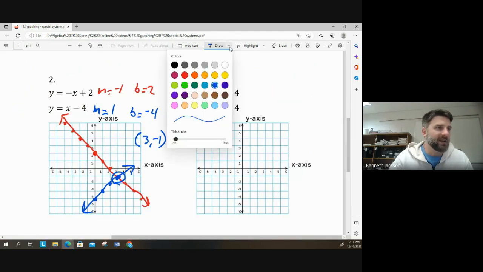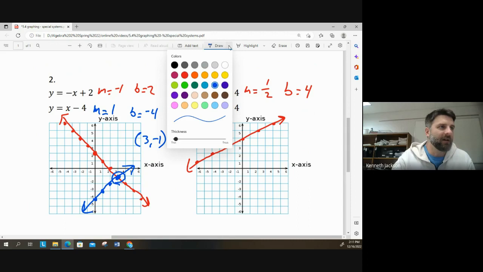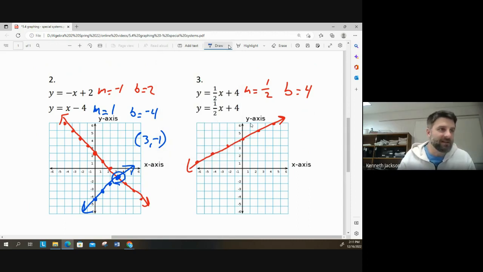Or, in this last example, if you take a look at both equations, they happen to be the exact same. Well, you probably guess what that's going to lead to. A y-intercept of 4, a slope of up 1, right 2, or down 1 and left 2, and I can connect the dots. Now, if I were to do the exact same thing with my second line, but in a different color, you could probably see that these lines are going to be right on top of one another.